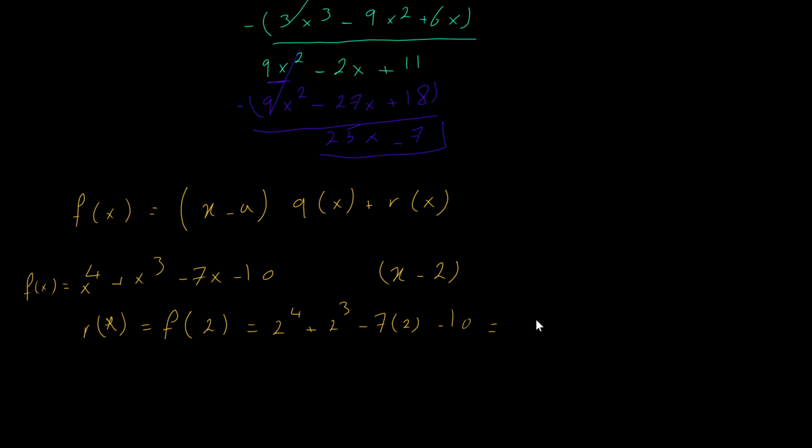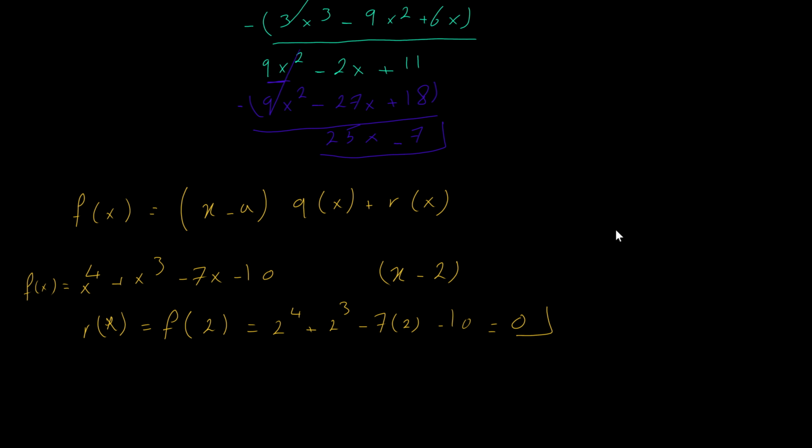We do the simplification and the answer is 0, which means that if we divide f of x by x minus 2, our remainder is going to be equal to 0. Let's go ahead and do the division to see if that is actually correct.